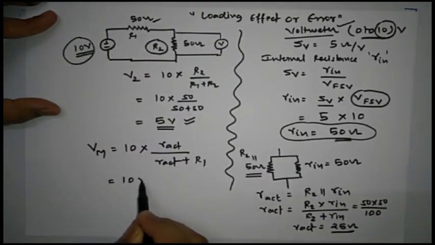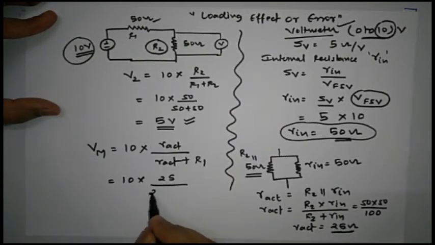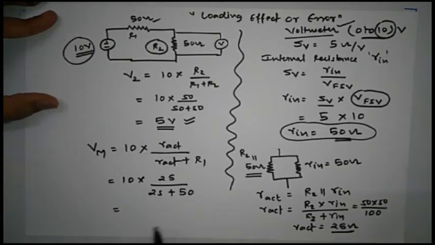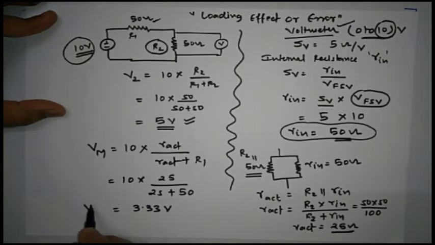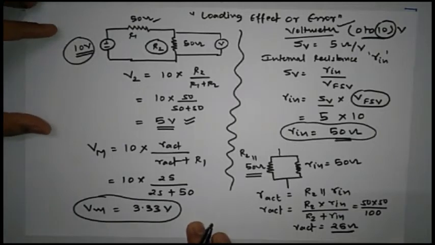So it is going to be 10 multiplied by 25 whole divided by 25 plus 50. So it is going to be around 3.33 volt. So this 3.33 volt indicates the voltage measured by voltmeter.